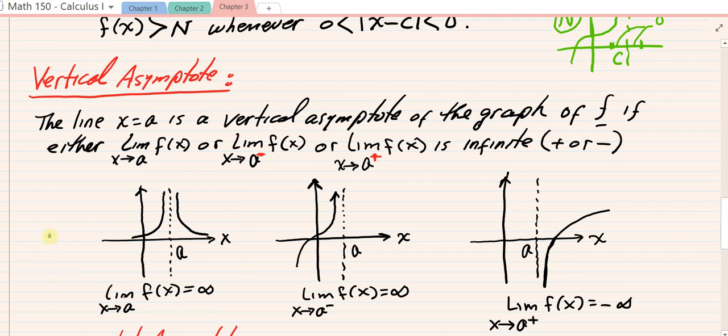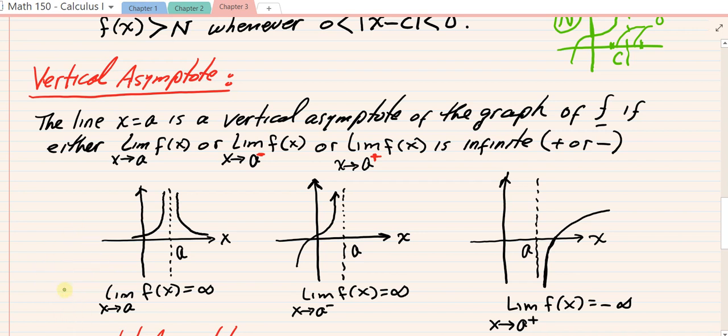Something like x approaching a, there you go. That doesn't qualify, right? Because approaching a from the right, we're approaching positive infinity. From the left, we're approaching negative infinity. Therefore, that's not the correct drawing.